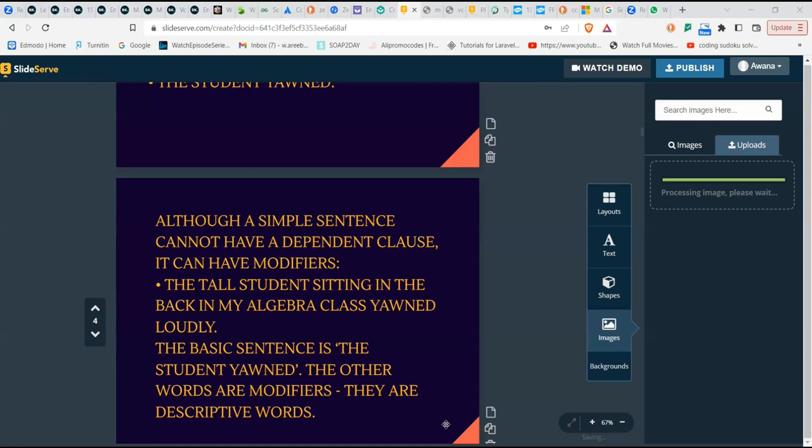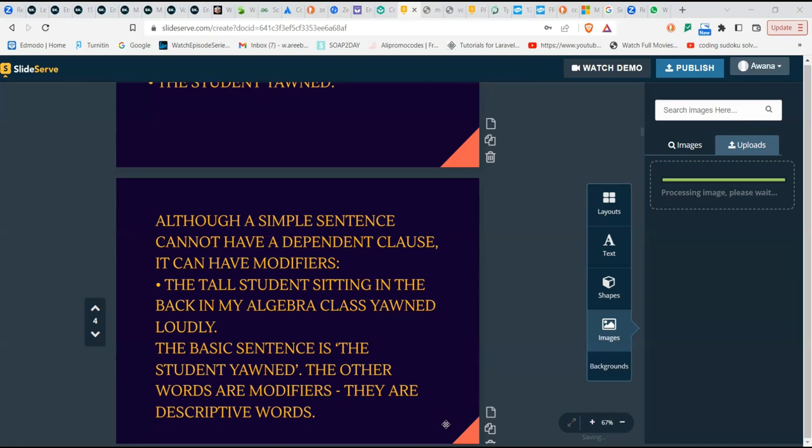So I am playing cricket is a simple sentence, and to add modifiers: I am playing cricket in Ramzan. Okay. Good.